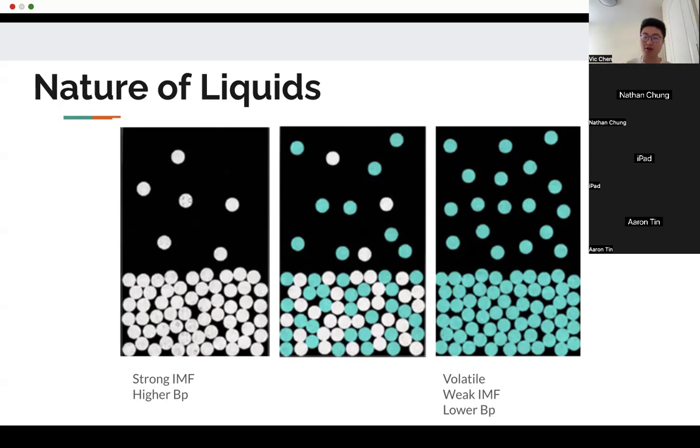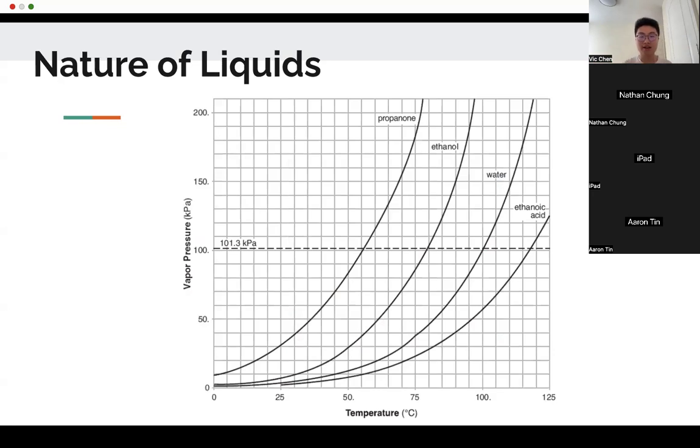Now, when certain compounds and molecules have a weak intermolecular force of attraction, they are considered volatile substances. And volatile essentially is just a term that has been used to describe these liquids that are able to evaporate very easily.